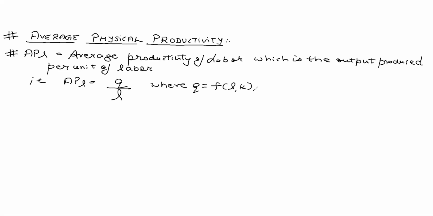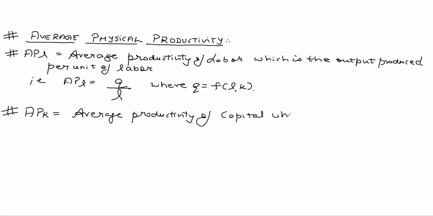Okay. Similarly, if I talk about APK, this is the average productivity of capital, which is the output produced per unit of capital.